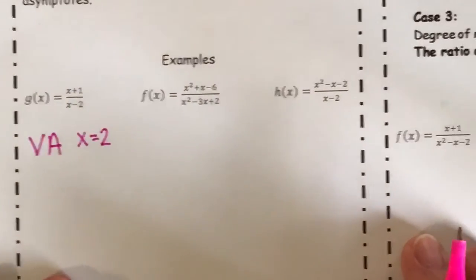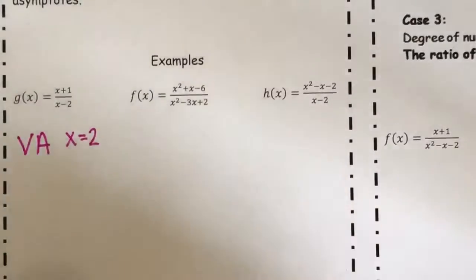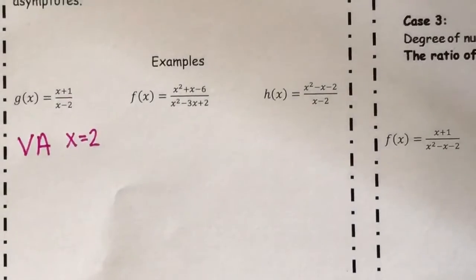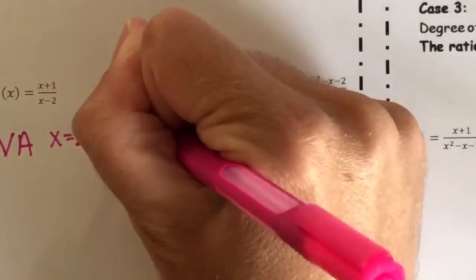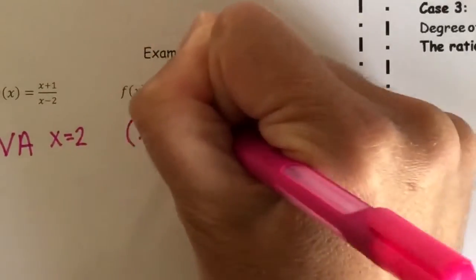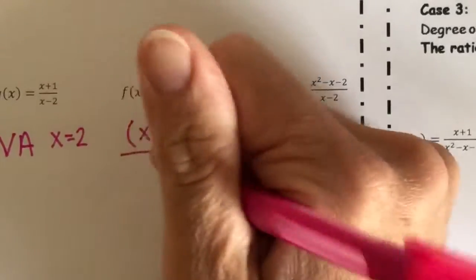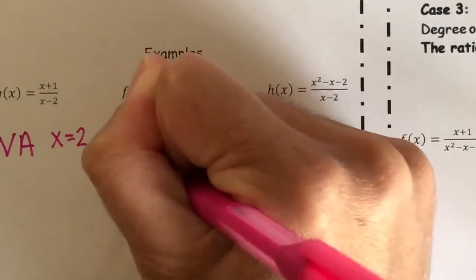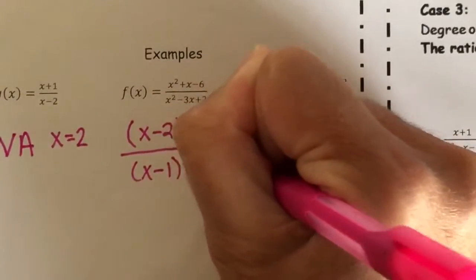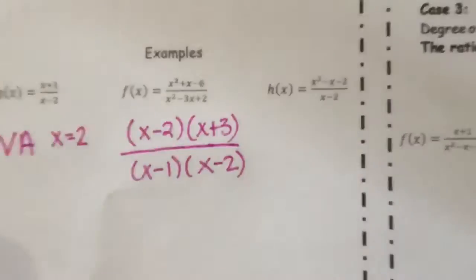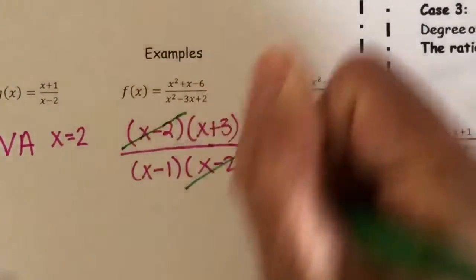In the second one, which is the one that we just looked at, here's how we got that hole. We want to factor the top and the bottom. So x minus 2 and x plus 3 is how we factor the top. And then the bottom is x minus 1 and x minus 2. So notice how we have identical factors of x minus 2 on the top and the bottom.